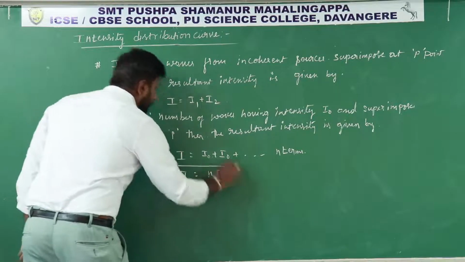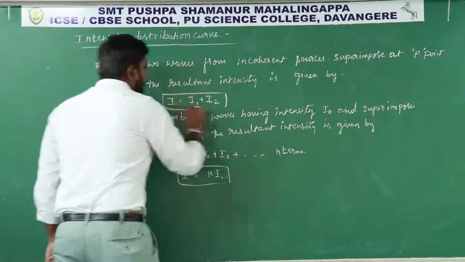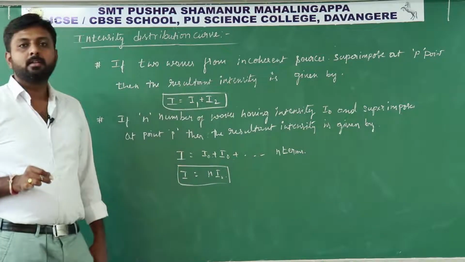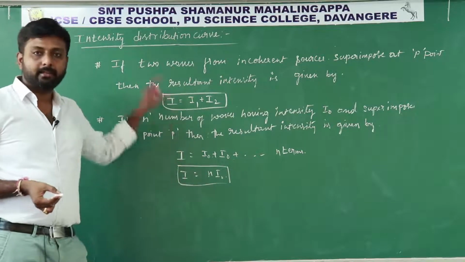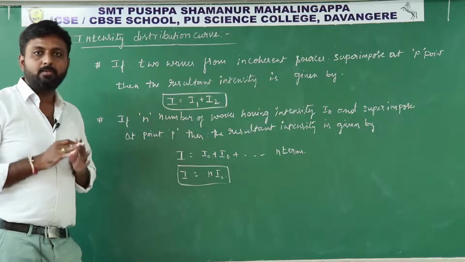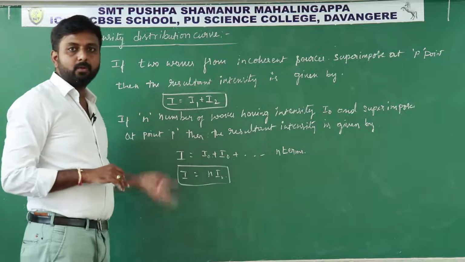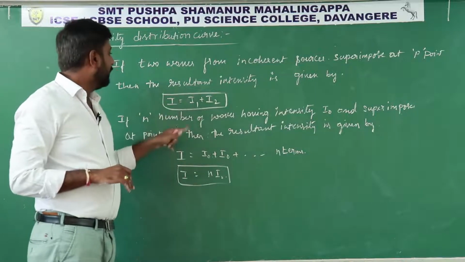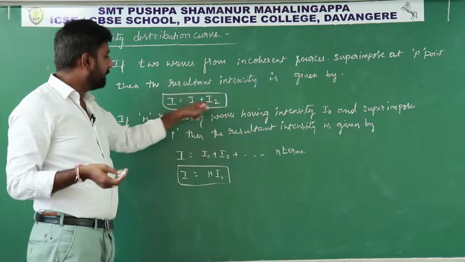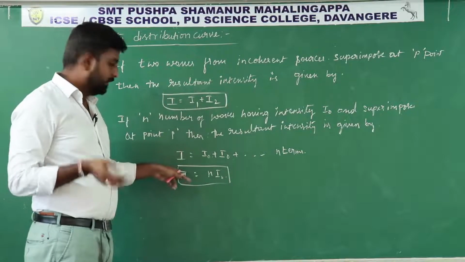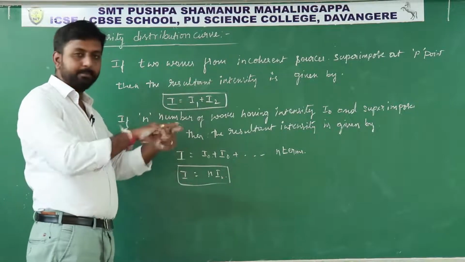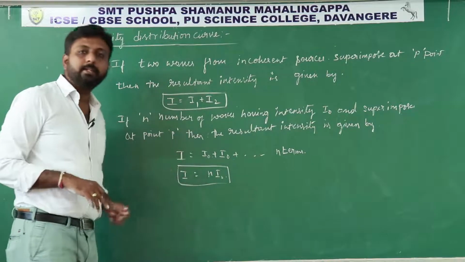So these two points are for incoherent sources. Direct formula is given. While solving problems in competitive exams, remember, for incoherent sources, two waves means I1 plus I2, and n waves superimposing at point P means n into I naught.